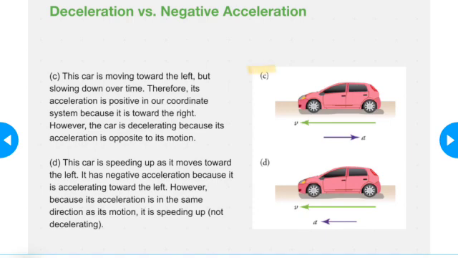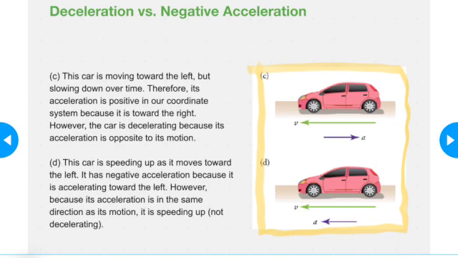This next one has our cars C and D on it. Again, draw the picture here. And so now we're going the other way. The cars are moving in the negative direction. So to the left is negative, remember? And if that's the case, then we have a negative velocity. But car C has an acceleration that's moving to the right.